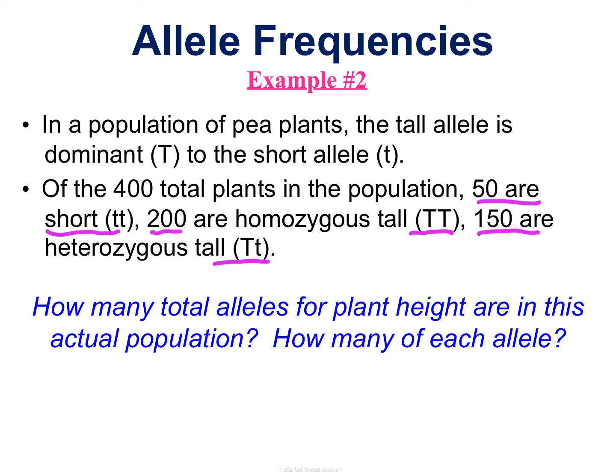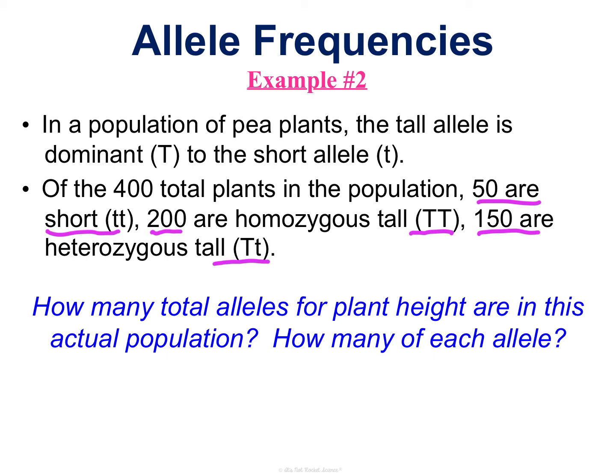If we want to find our allele frequency, let's say we have all 400 of these plants hanging out in a garden. What is the frequency that I will get a little t, a recessive allele, versus a big T, a dominant allele? How many of each allele are there? What is my frequency of occurrence in my population of 400 plants?